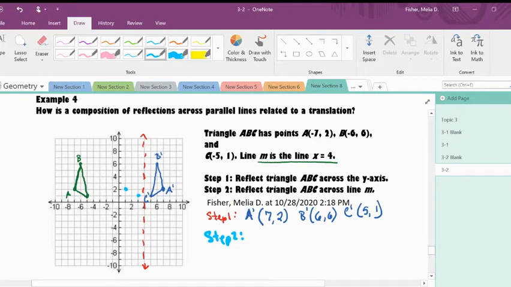And this one up here, instead of being 2 to the right of that line, would be 2 to the left of that line. So we would have A double prime and B double prime and C double prime. Hit the line.